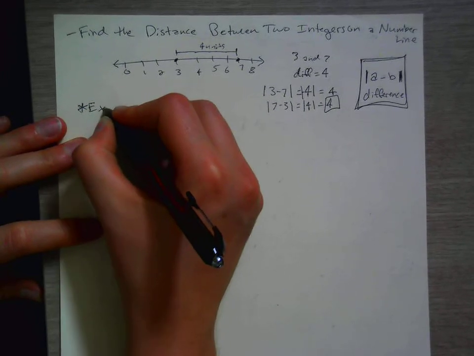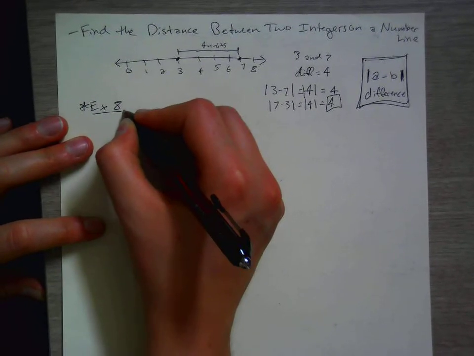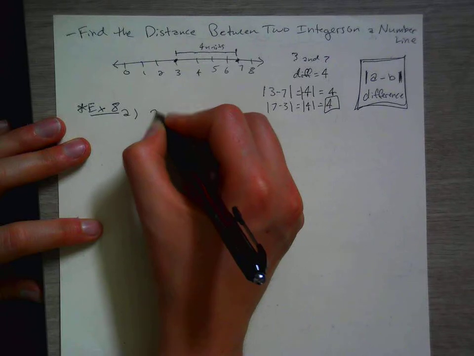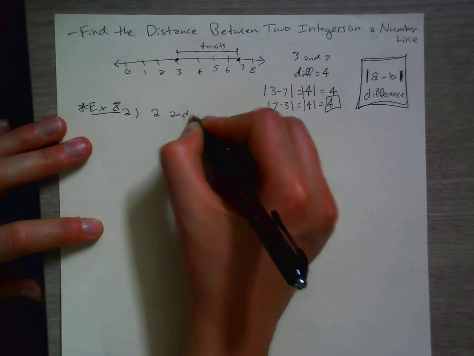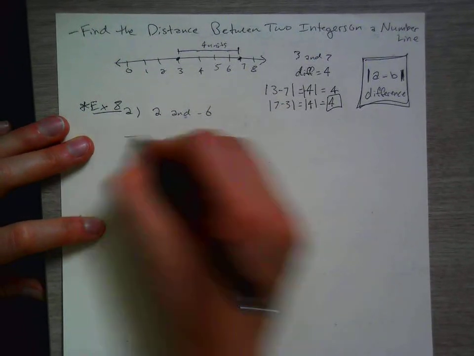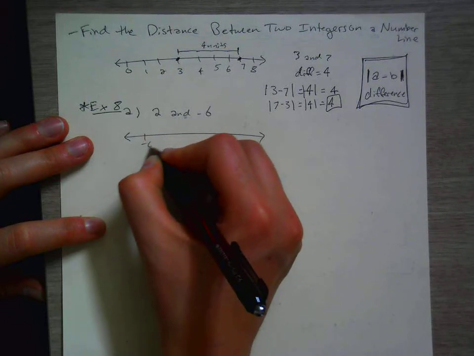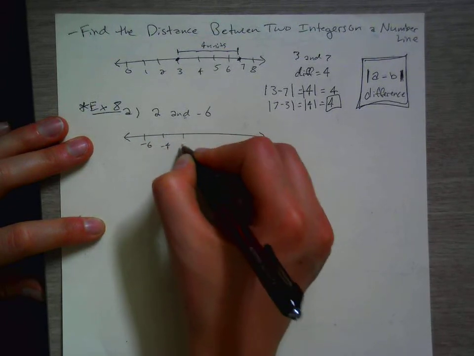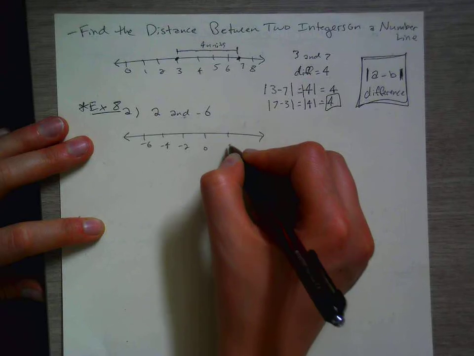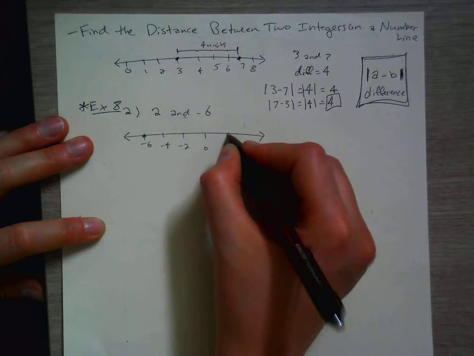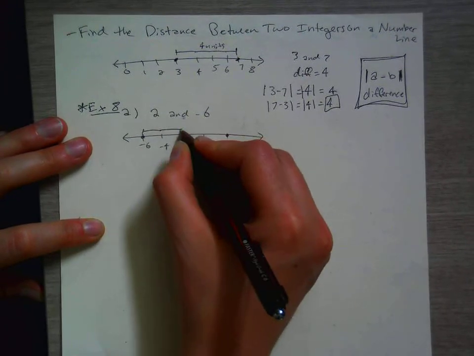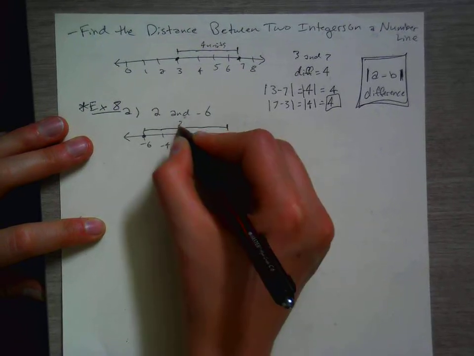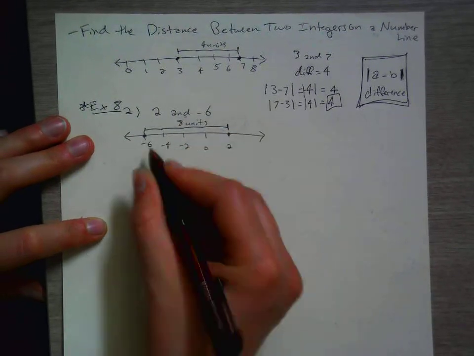Example 8. A. Find the distance between 2 and negative 6. So first we put on the number line, negative 6, negative 4, negative 2, 0, 2. So we have 2, 4, 6, 8 units. Notice I didn't write every line, I just counted by 2's, which you can do.